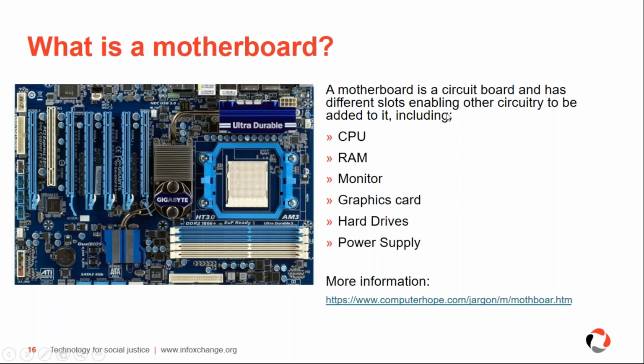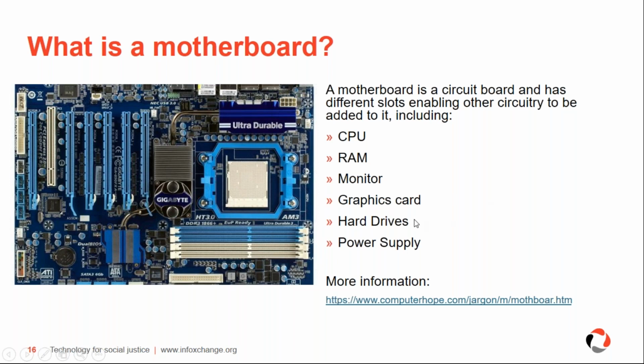So the motherboard. This is what they call the main board, and it's what everything clips into. The CPU, which is the i5-7, is considered the processor. There's the RAM, short for random access memory, which we'll get into. The monitor would plug into this directly, or into a graphics card plugged into it, depending on whether it's an onboard or external graphics card.